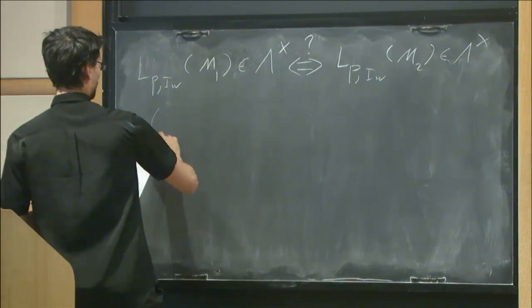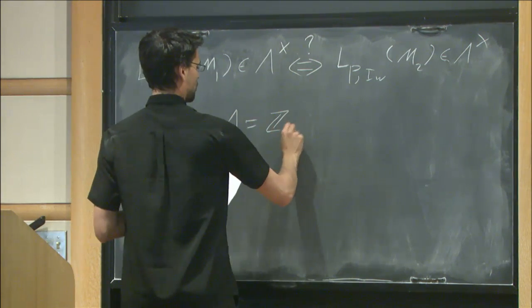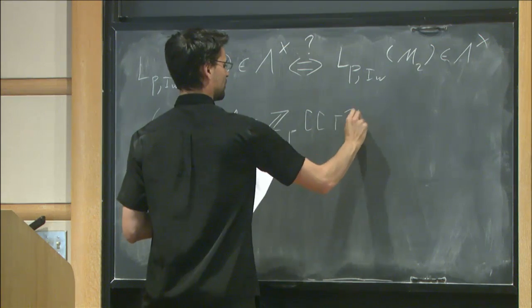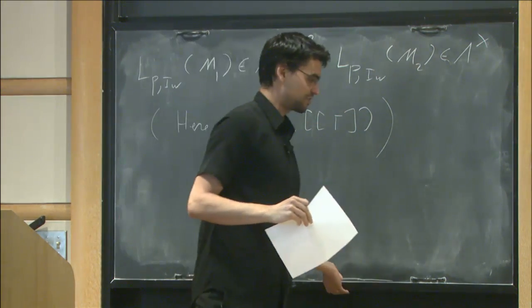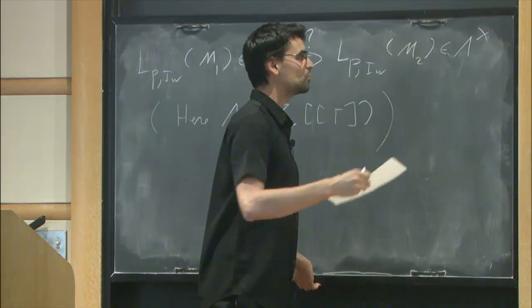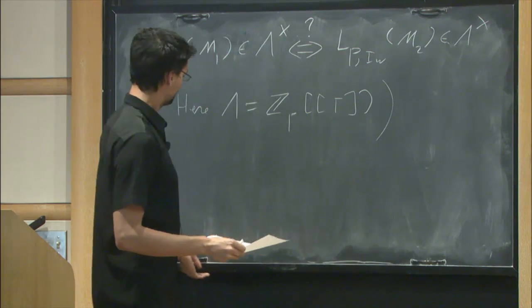And here, lambda is a completed group algebra, where gamma is the Galois group of the cyclotomic Z_p extension. More generally, a Z_p or Z_p^g extension.